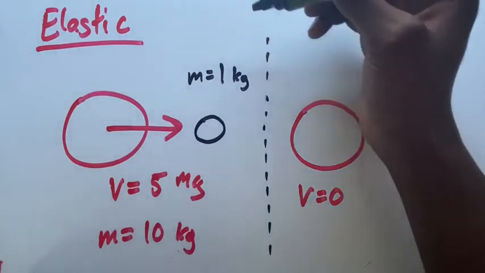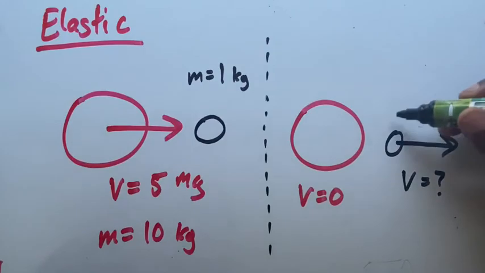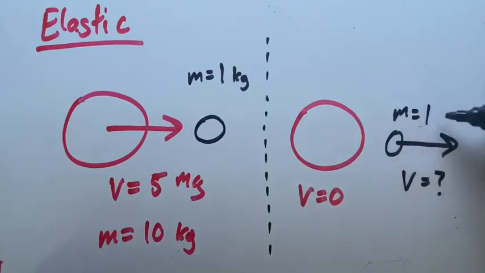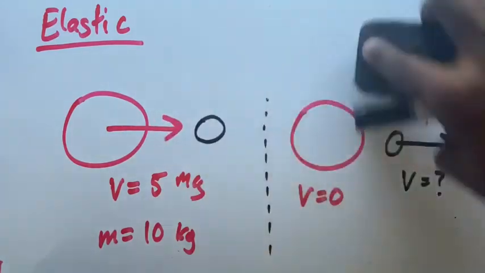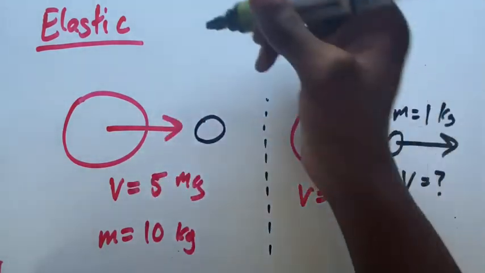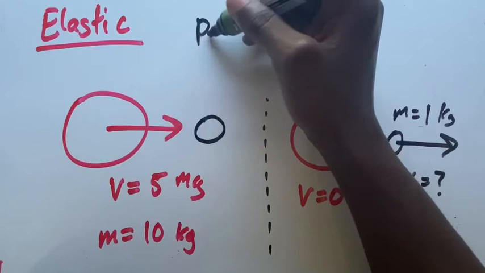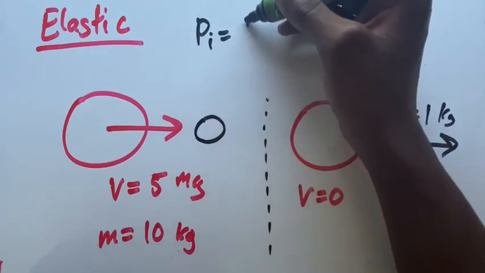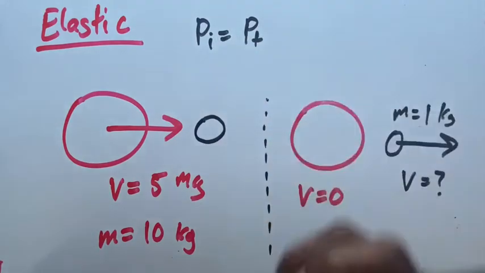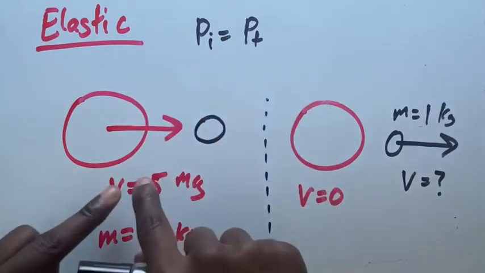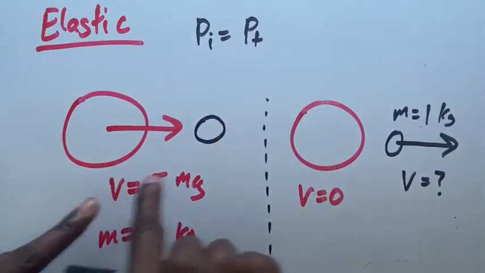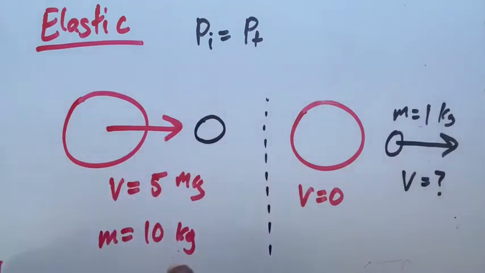Let me write the mass over here. The mass is 1 kilogram. So since we know momentum is conserved, we can say the initial momentum is equal to the final momentum. And the initial momentum is the initial momentum for both of these balls.